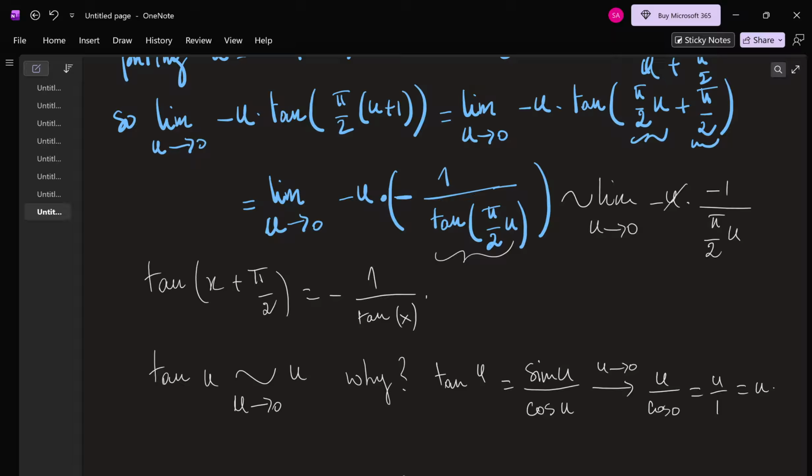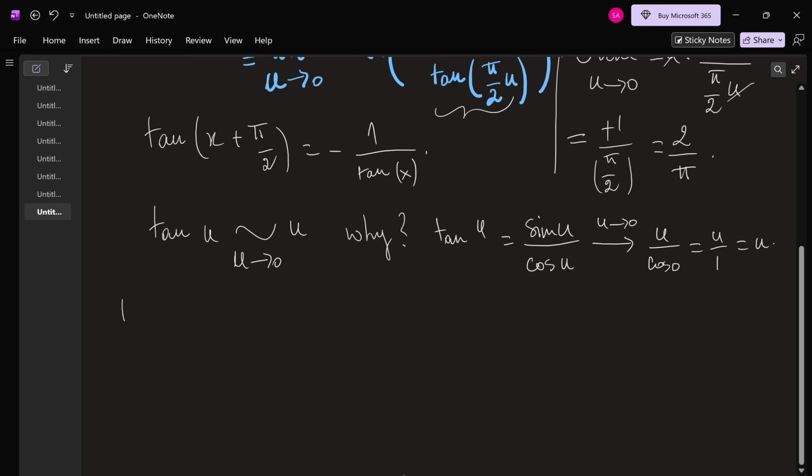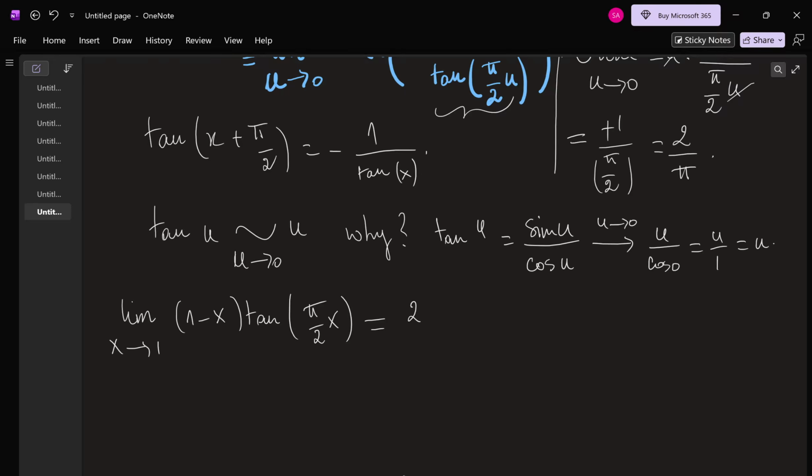So now u cancels with u, and minus times minus 1 is equal to plus 1, and so this limit will be equal to 1 over pi over 2, which is equal to 2 over pi. Hence, the final answer: the limit when x approaches 1 of 1 minus x times tangent of pi over 2 x is simply equal to 2 over pi.